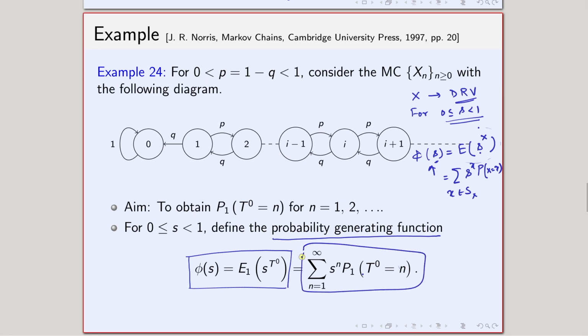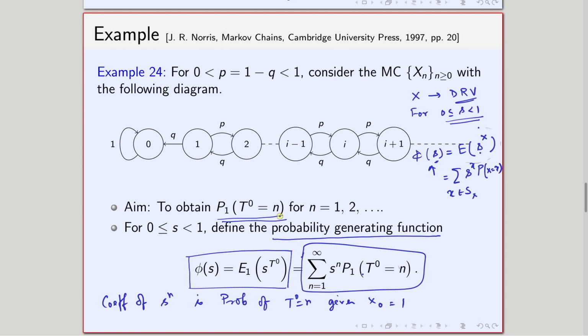In this expression, the coefficient of s to the power n is nothing but the probability that T0 = n under X0 = 1. So if I collect the coefficient of s to the power n in this expression of φ(s), then I know all these probabilities.